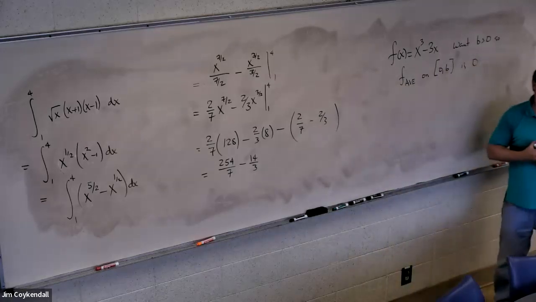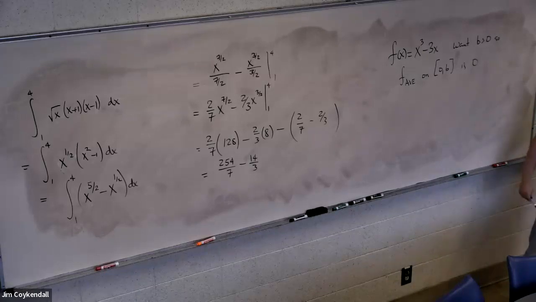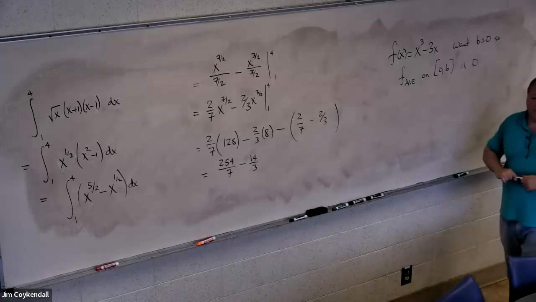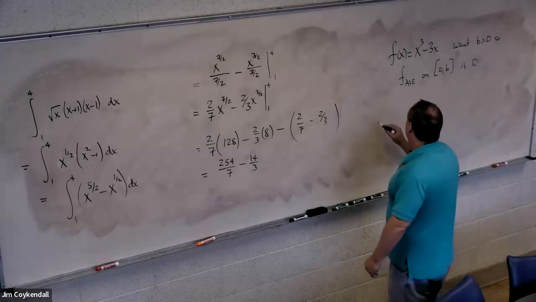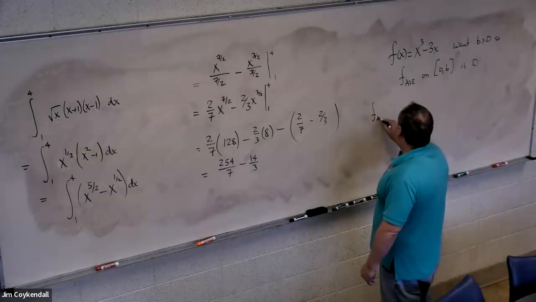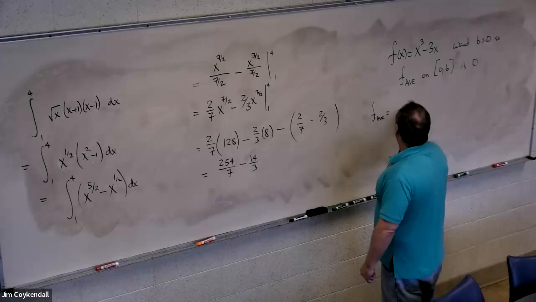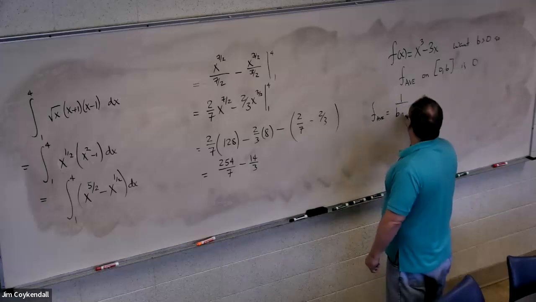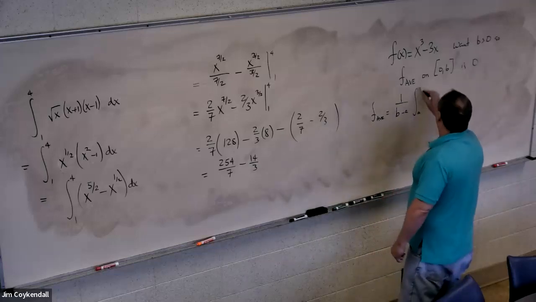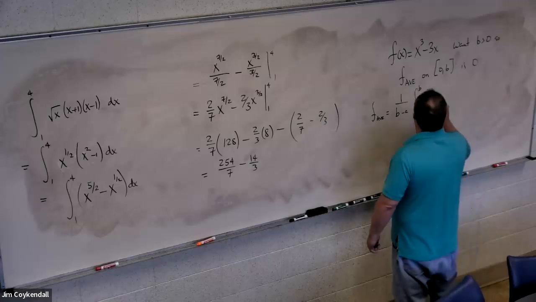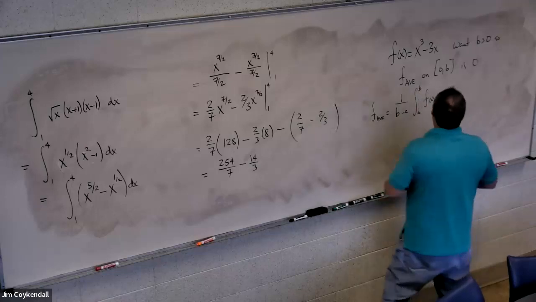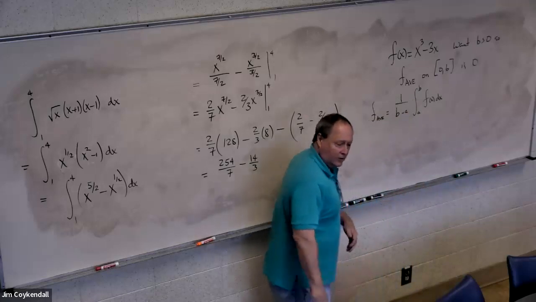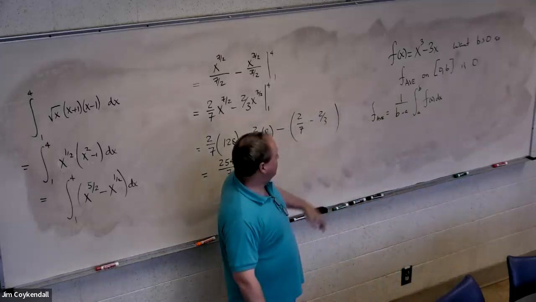Well, the average value is 0 on the other. So what value is the... well, f average is equal to 1 over B minus A. But you just take the integral and divide by the interval.